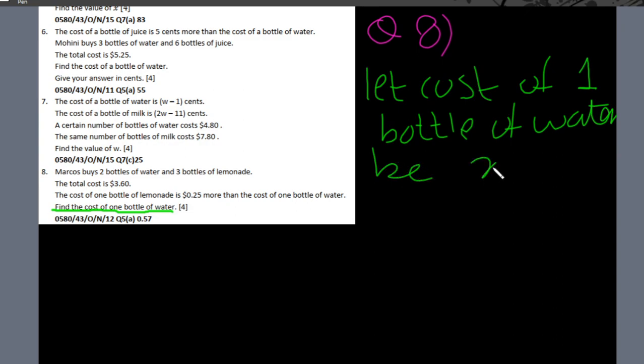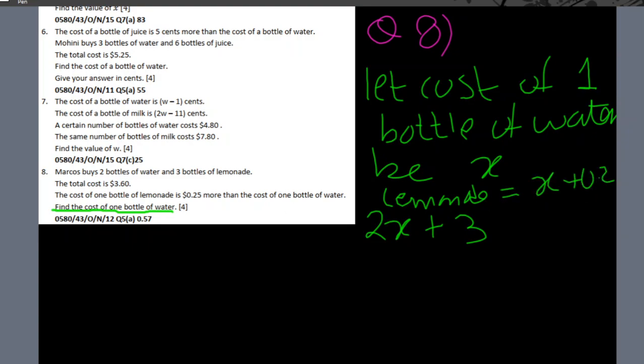So Marcos buys 2 bottles of water, 2x, plus 3 bottles of lemonade, and lemonade would cost 0.25 more than the cost of water, so x plus 0.25. So plus 3 times (x plus 0.25), and the total cost is 3.6.